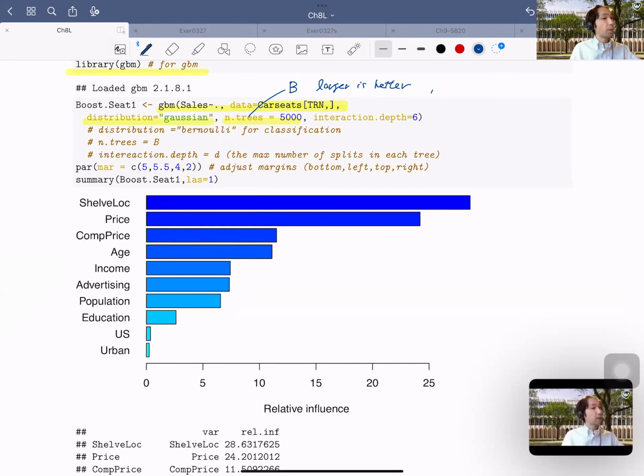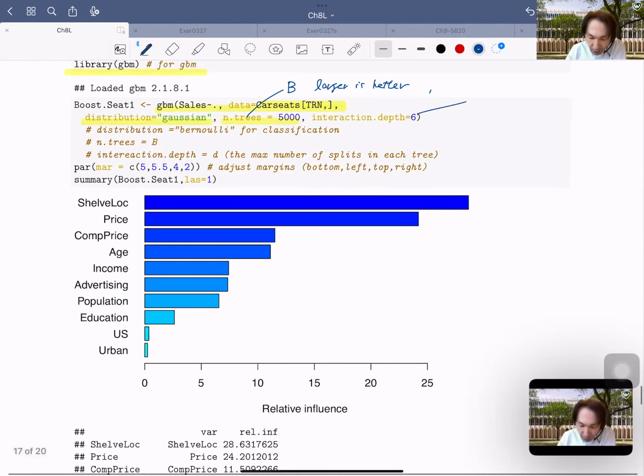If the step size is small, then we need a large B. I think the default is 0.01, maybe 0.1. I'm not exactly sure, but we have some default value.